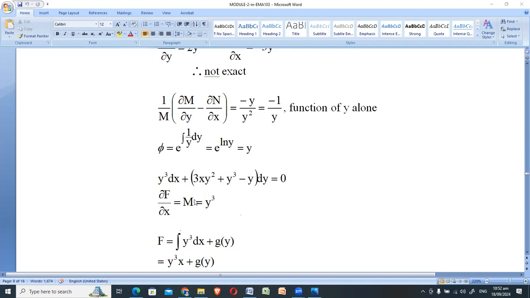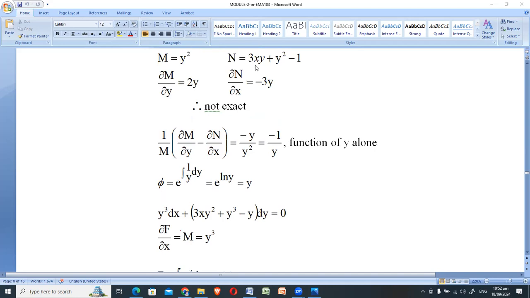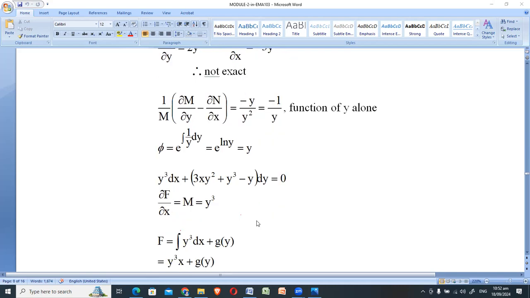So you'll have it now as y cubed, and this one will be 3xy squared plus y cubed minus y in here. Okay, and then you will partially differentiate again to check whether this is already exact. We can do that.